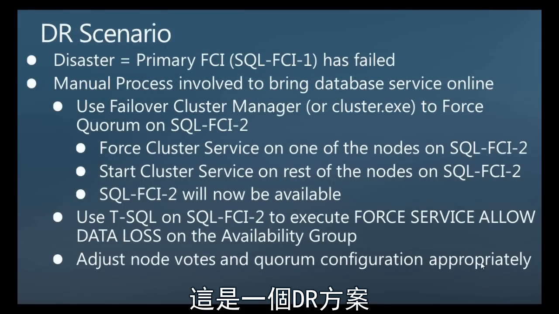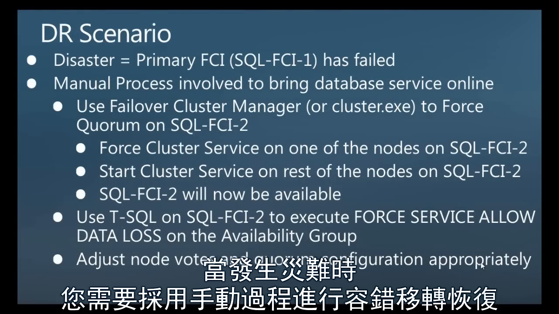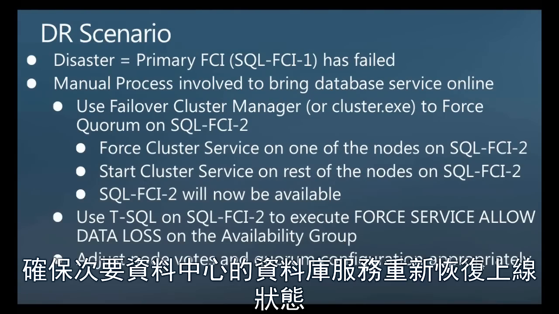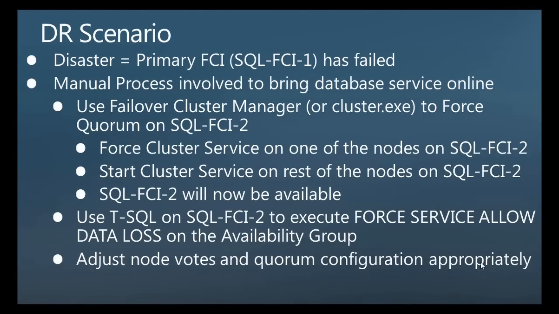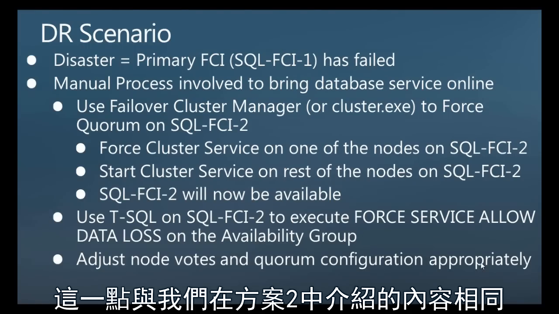Here's the DR scenario. Disaster happened, and you need to have a manual process to fail over to bring the database service online in the secondary data center. That's the same thing as we mentioned in solution 2.